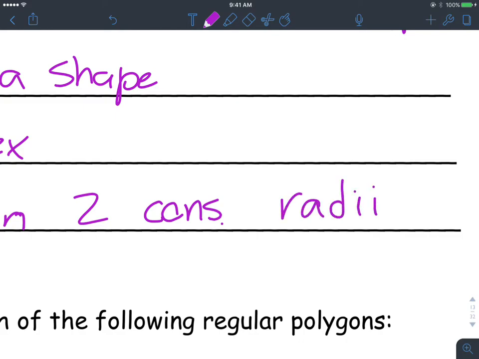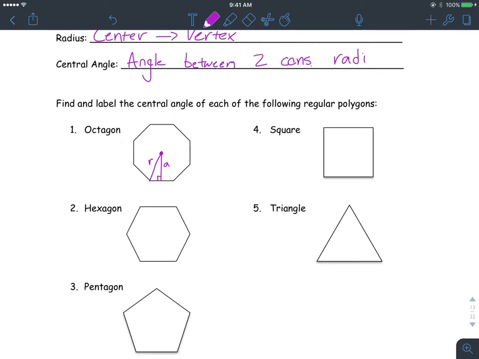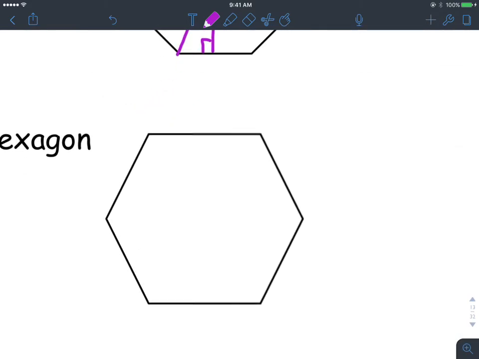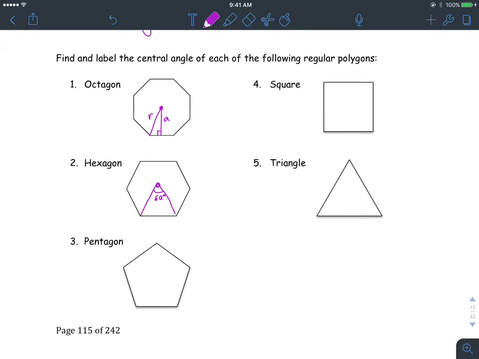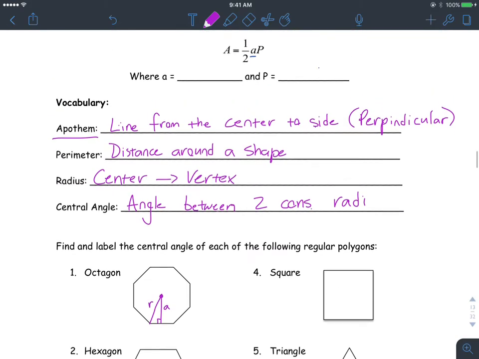I think that's the plural. But between two different radiuses, or we actually say radii. So here would be a central angle: from the center, you draw two radii right here, and this would be your central angle. And I think for hexagons, it's 60 degrees. All right, we'll talk about how to find it here in just a second.